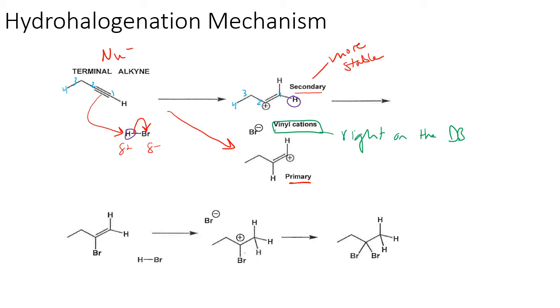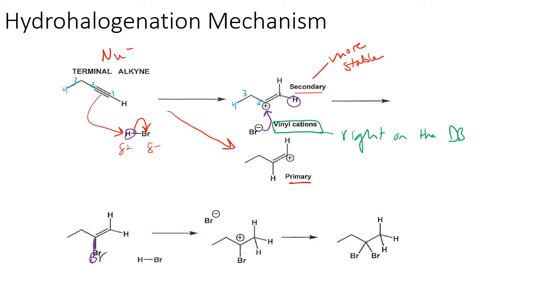And then next, our bromide anion that was formed can attack that vinyl cation. So that is our new nucleophile attacking our electrophilic carbocation. And we don't have anything to push after that. It's just a direct attack. We form a bond there. And this represents the new carbon-bromine bond that was formed.